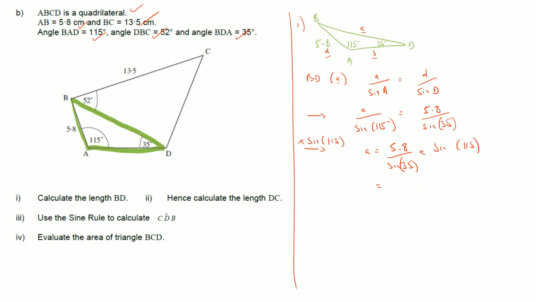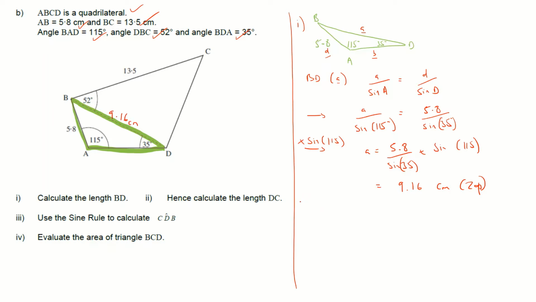That gives me that A is 9.16 centimeters to 2dp. Put that on the picture. That was BD, 9.16 centimeters.